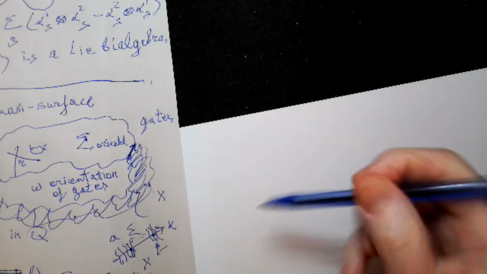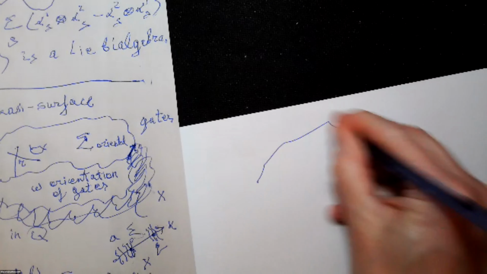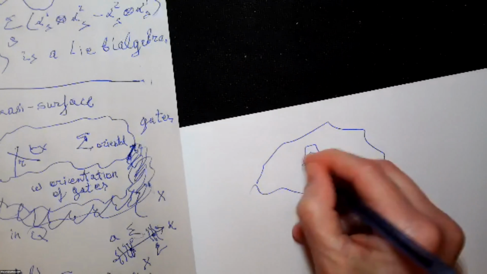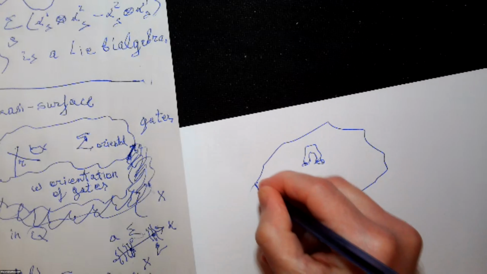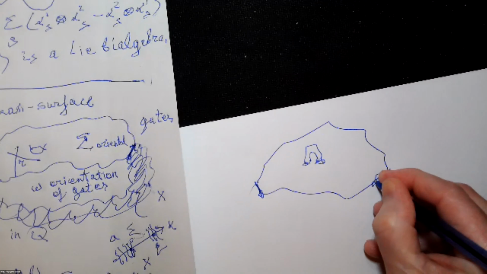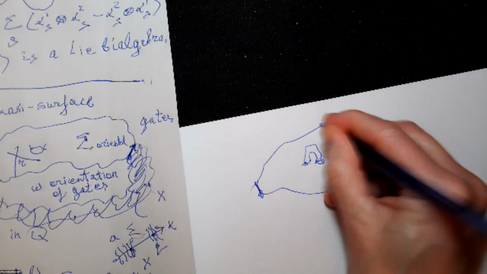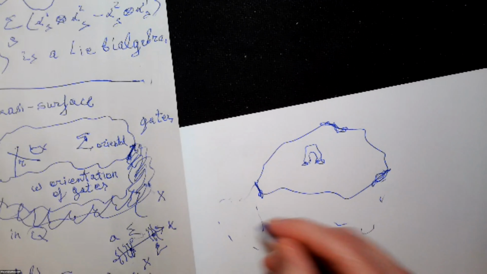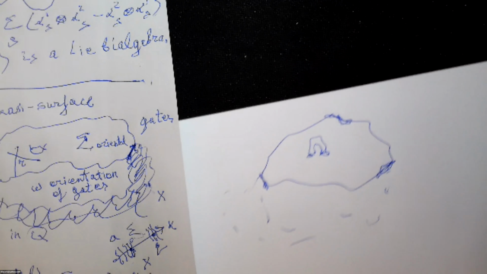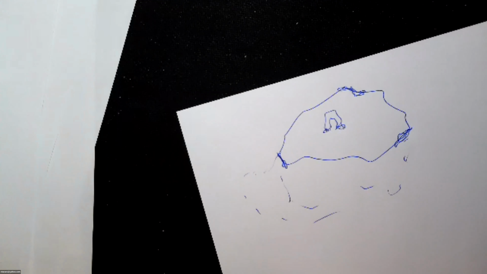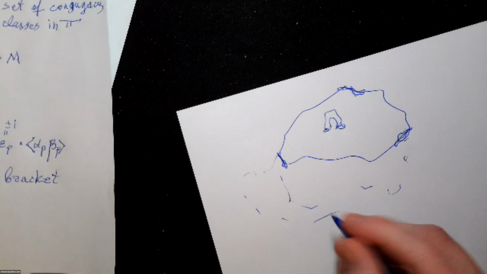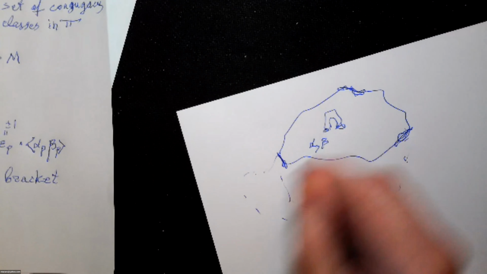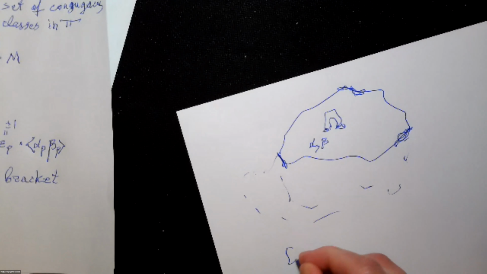So we have this quasi-surface, well, some handles, gates. Well, there may be any number of gates. Well, the bad part, some space X where all this is glued. And then we want to define an analog. We have two loops, alpha and beta. And then we define the bracket alpha beta.